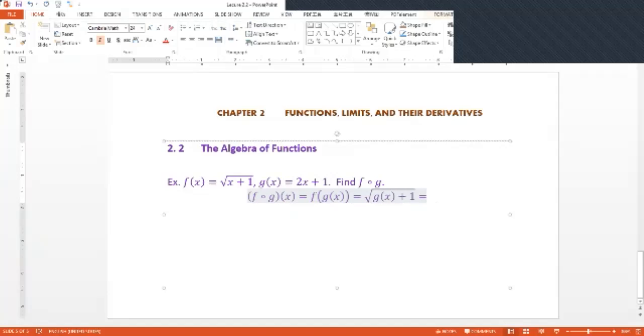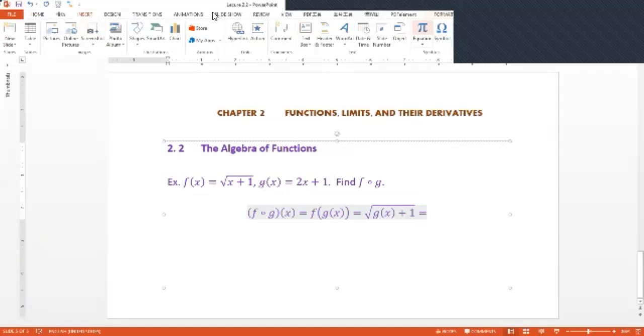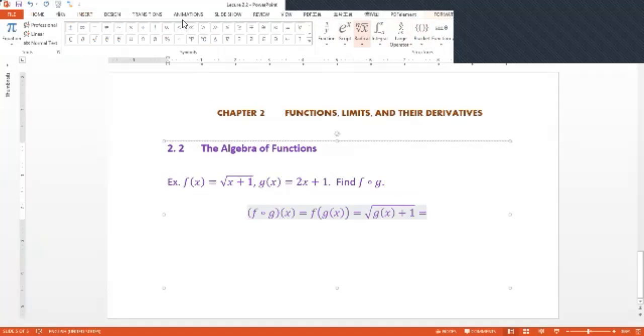And then what's the next step? Then we just plug back the expression of g into the inside. Remember, g is 2x plus 1. So that's the whole thing of g.